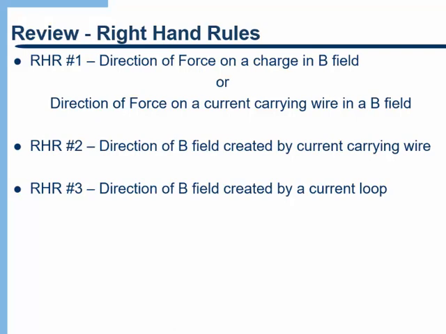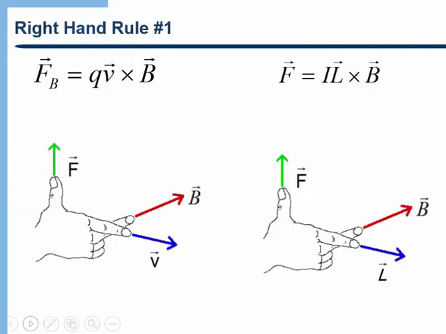Right-hand rule number two allows you to find the direction of the magnetic field being created by a current-carrying wire. And right-hand rule number three gives you the direction of the magnetic field created by a current loop. So a loop of wire carrying a current. Let's go through each of these three again individually just to reinforce what we've talked about.